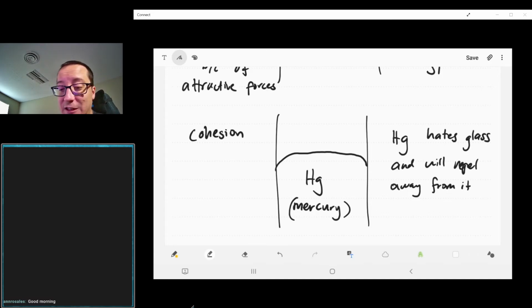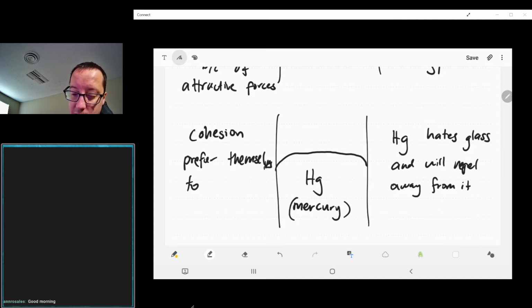So things that like each other will adhere to each other. Things that don't will have cohesive properties. Instead, they will prefer themselves to interacting with others.